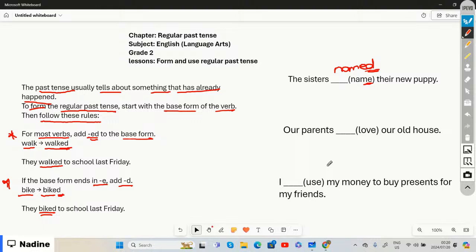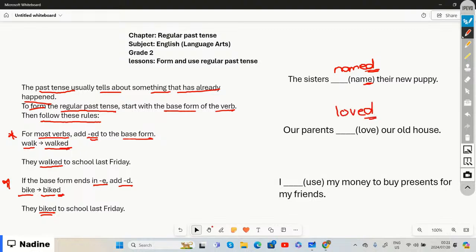And if we were to form that regular past tense and follow the rule, and write that in our regular past tense, we would say our parents loved.